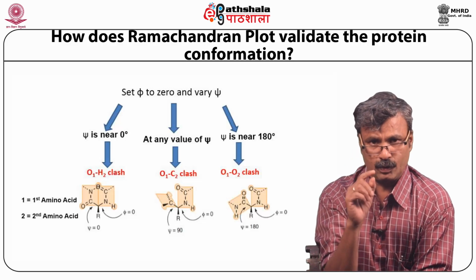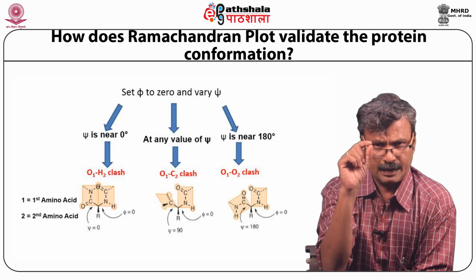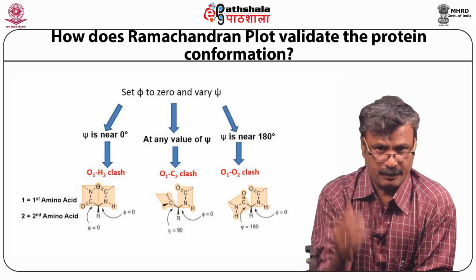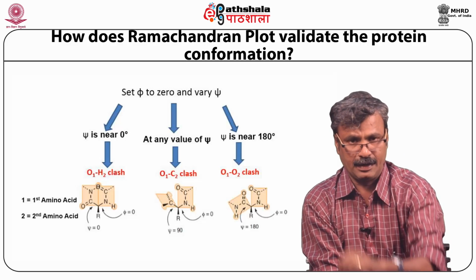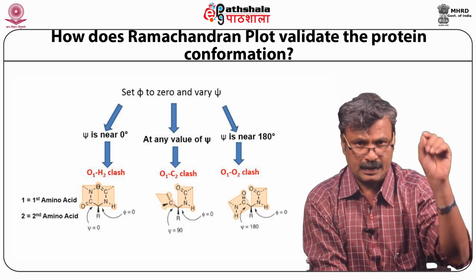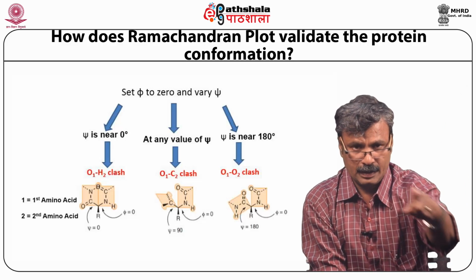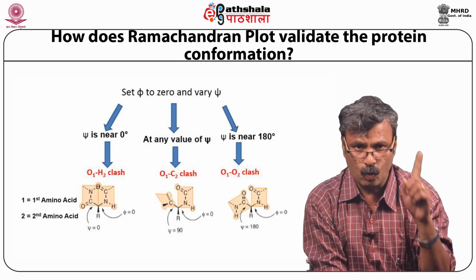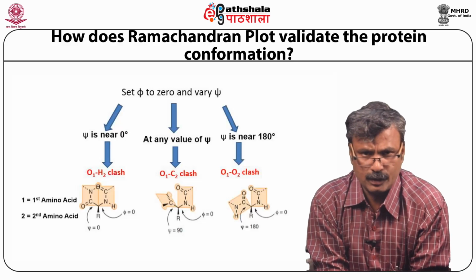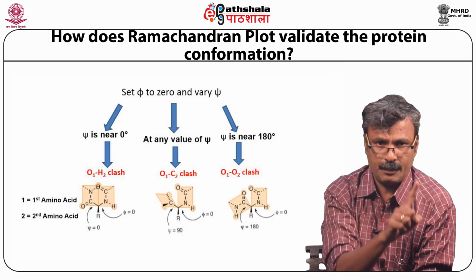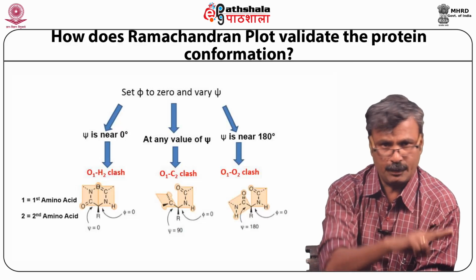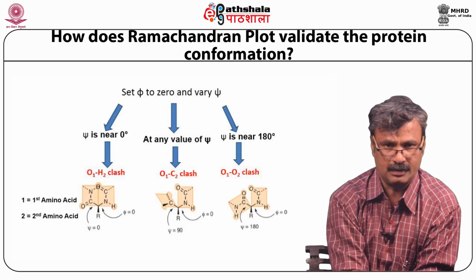Here we could see the three sets. First strategy I told you is phi set as 0 and psi we vary. There are three pictures you can see here. In the first one, we set psi equal to near 0. For example, phi 0, psi 0. Here in this picture you can see O1, H2 clash. 1 represents the first amino acid, 2 represents the second amino acid, meaning the adjacent amino acid.